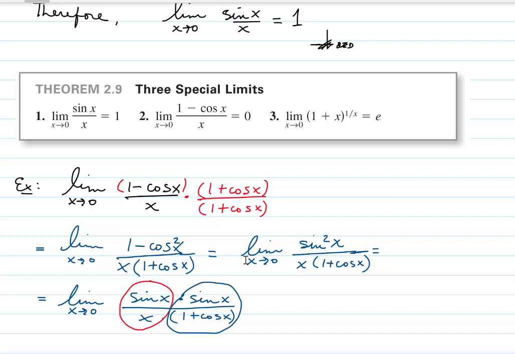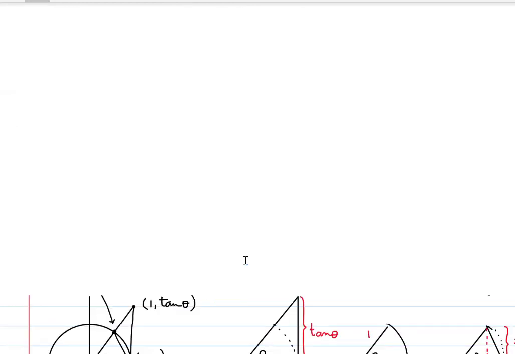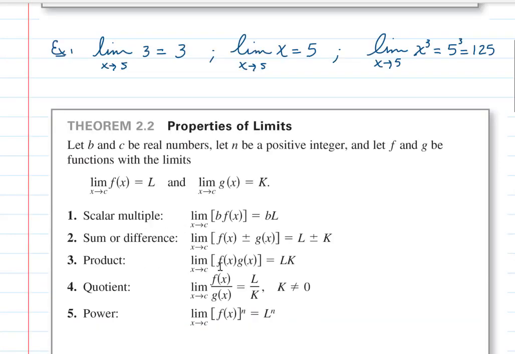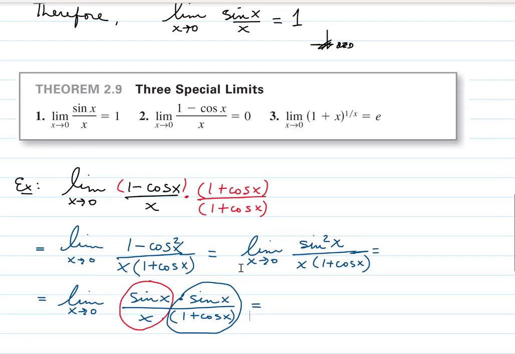So this is a product. Now, can I use my property here to split it? So if you go back to what we went over here, can we use this product property where we can split it and just use a limit? Yes, as long as these two limits exist independently. So do they?